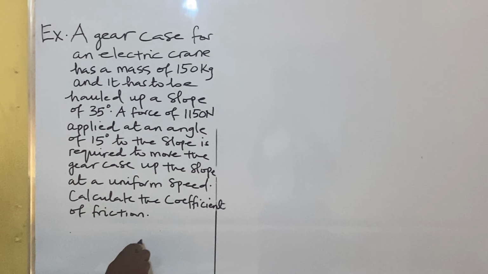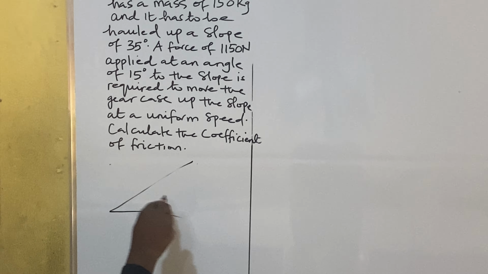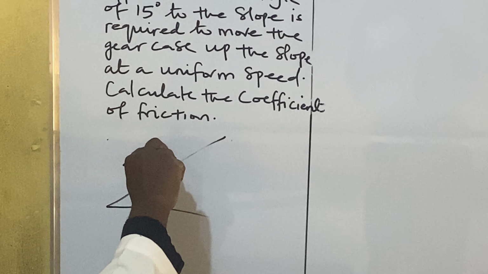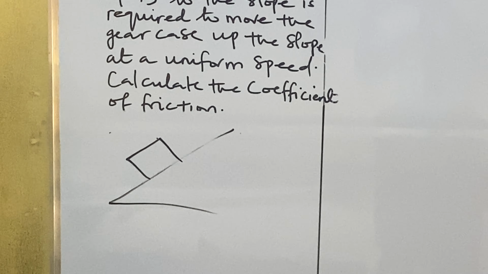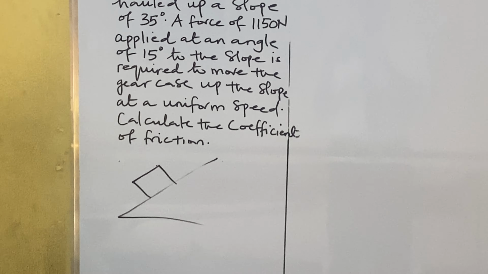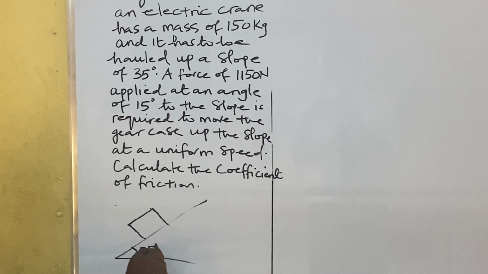Now let me just put the body on a plane so that you can see what the question is asking about. I replace the gear case as this. The plane is inclined at 35 degrees.